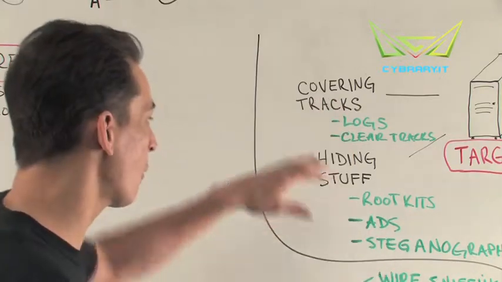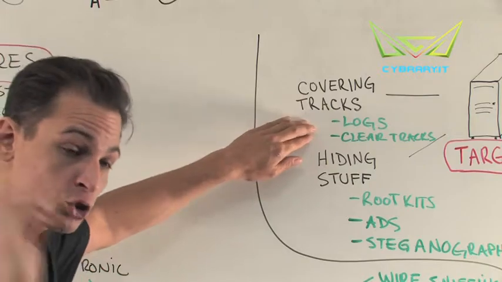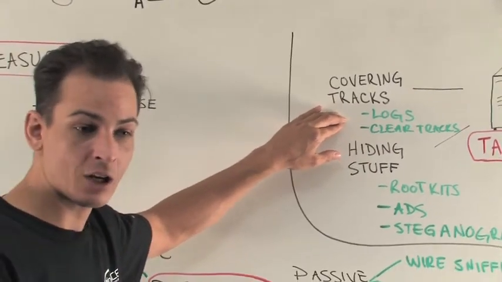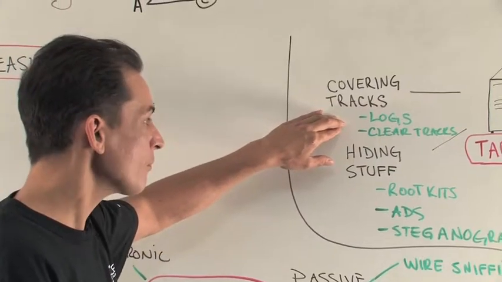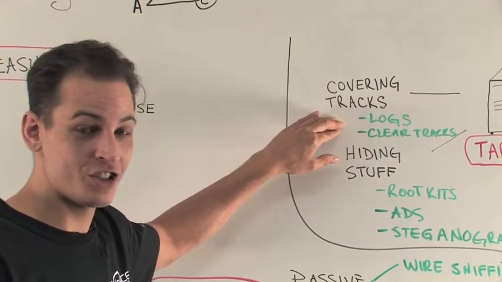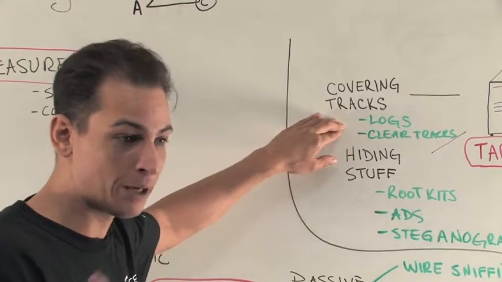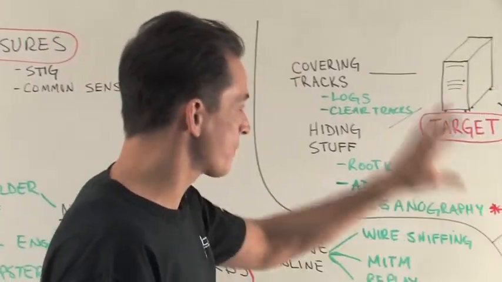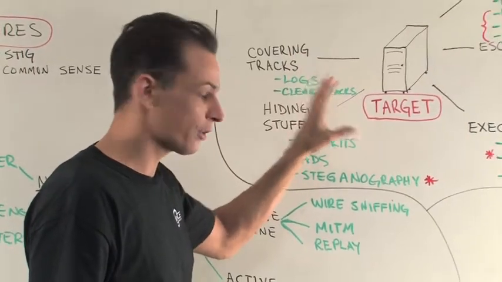All right, so covering tracks is extremely, extremely critical. This is you're getting caught versus you're not getting caught, or going to jail versus not going to jail, depending on if you're white hat or black hat in that world. Okay, so this is everything you need to pay attention to with our target.